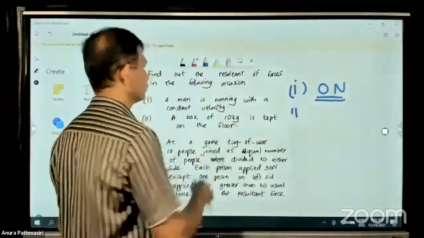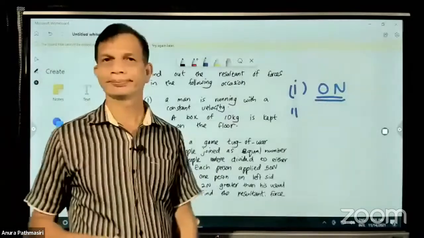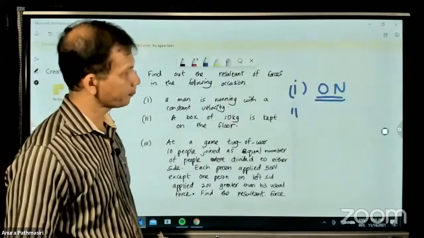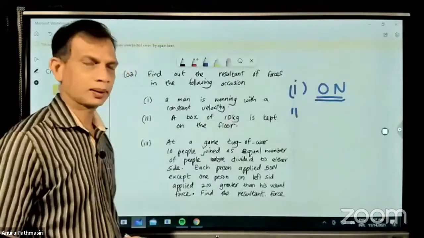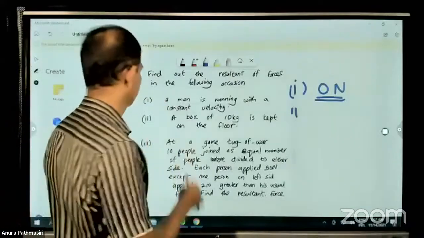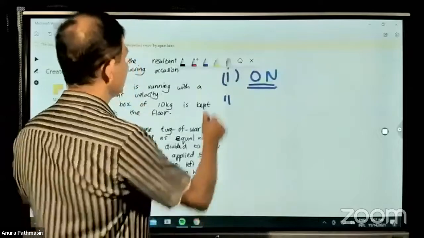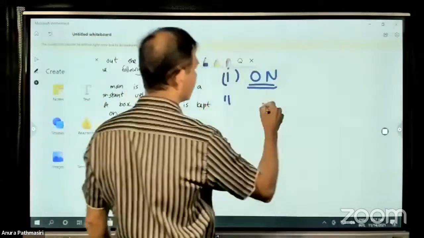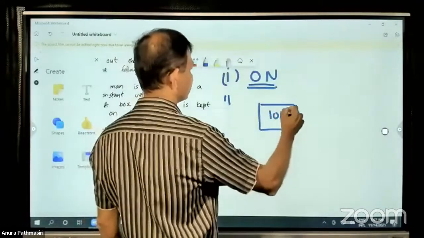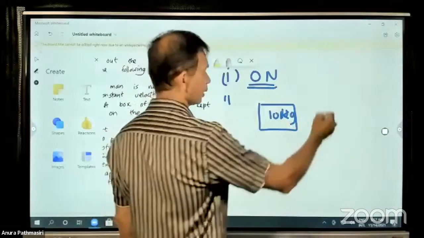A box of 10 kilogram is kept on the floor. 100 newtons ද 0 newton ද? 0 newtons. Good effort boys. මෙන්න object එකක් කියලා තියෙනවා, 10 kilogram.